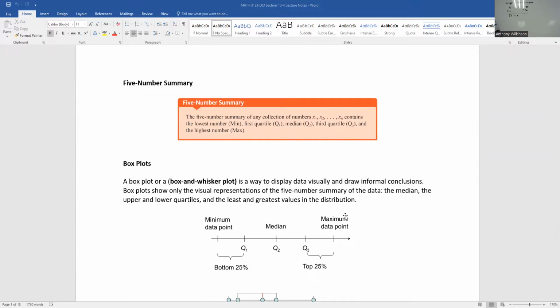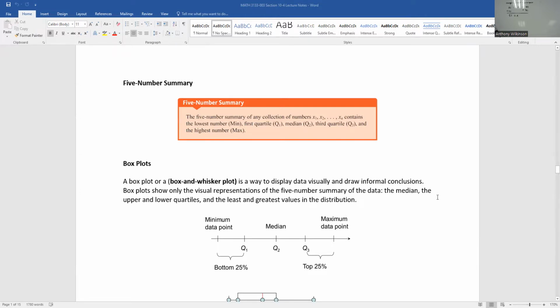Now the 5-number summary consists of 5 things: the lowest number, which is the minimum of that data set; the first quartile, that's the median of the lower 50%; Q2 is the median; and then Q3 is the third quartile, or the median of the upper half; and the highest number, which is your maximum value. Okay. So that's the 5-number summary. You have the minimum number, the first quartile, the second quartile, the third quartile, and your maximum number.